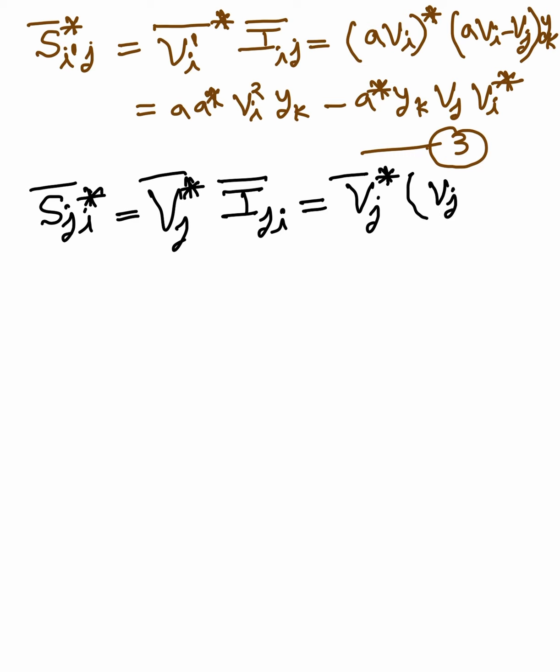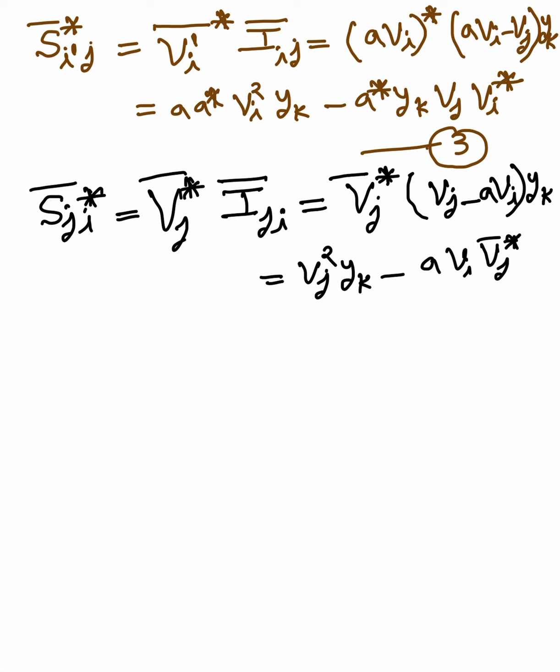That is Vj minus a Vi into Yk. Okay, so multiply, then Vj square Yk minus a Vi Vj conjugate into Yk. That is the equation number 4.